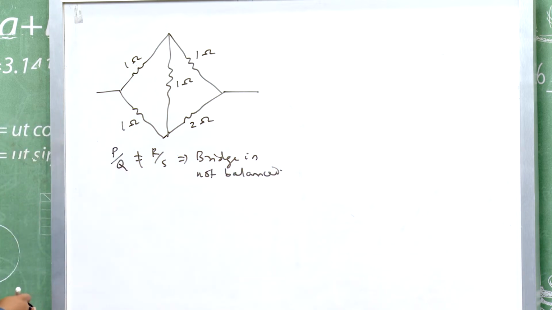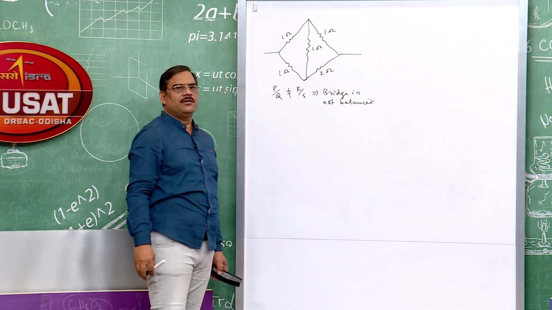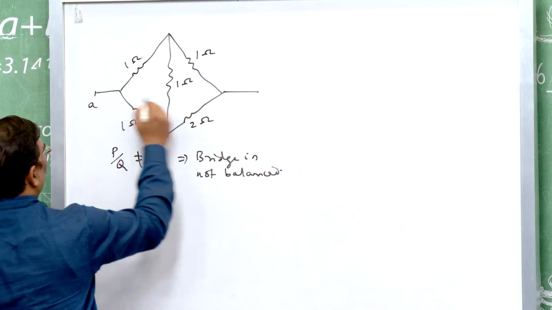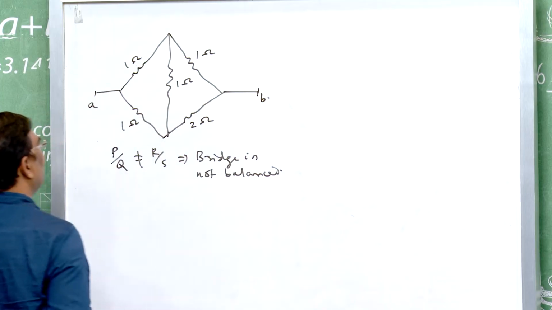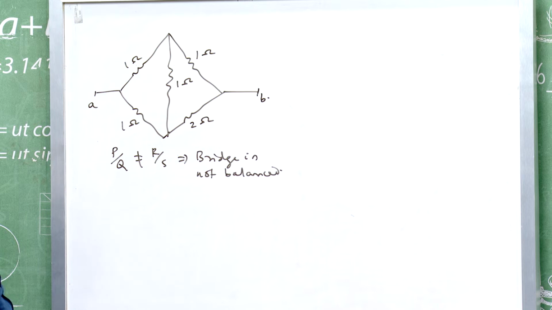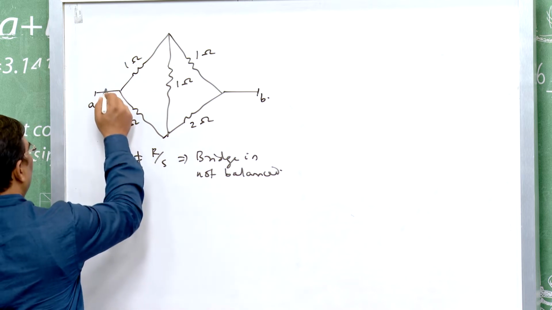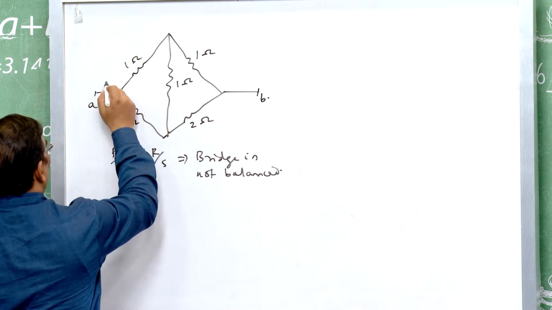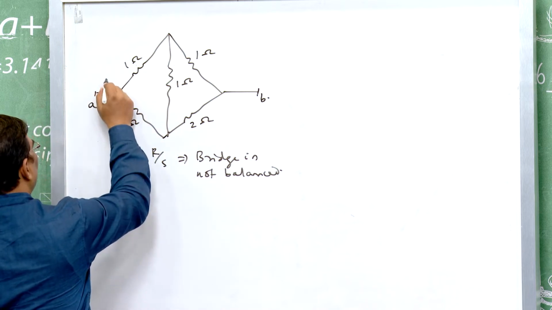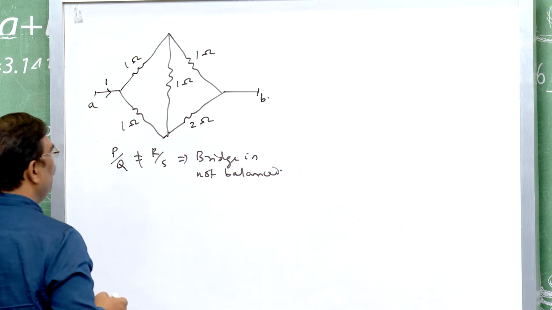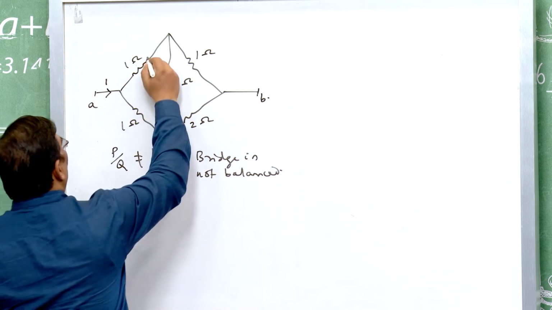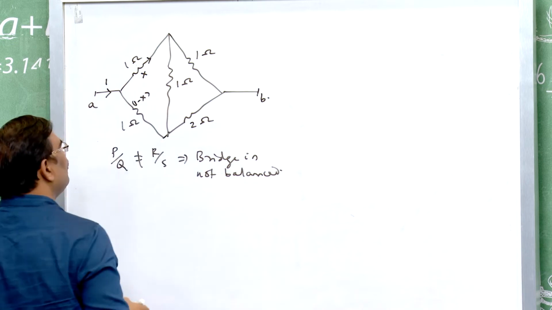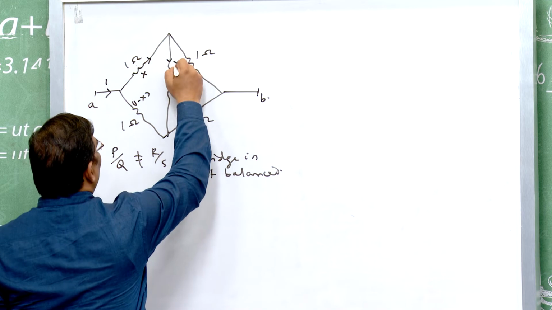So, in this case we have to follow first principles to find the effective resistance between A and B. Suppose A and B are connected to a battery. Suppose unit current is entering the junction and this is x. So, this is 1 minus x and this is y.